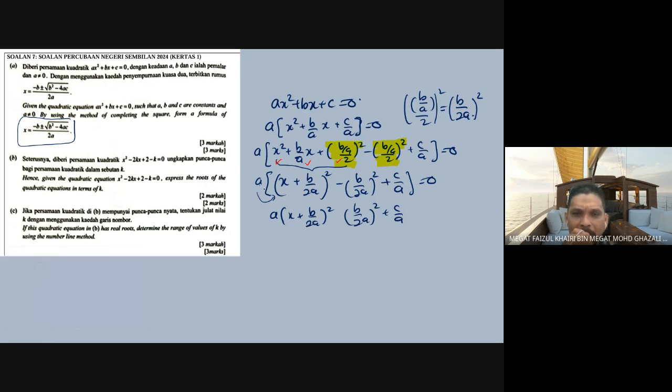Okay, so a times this one here, a multiplied with this minus a also multiplied by c over a. So then a times x plus b over 2a squared, then a divided by a squared here, so it is b over 4a plus c.